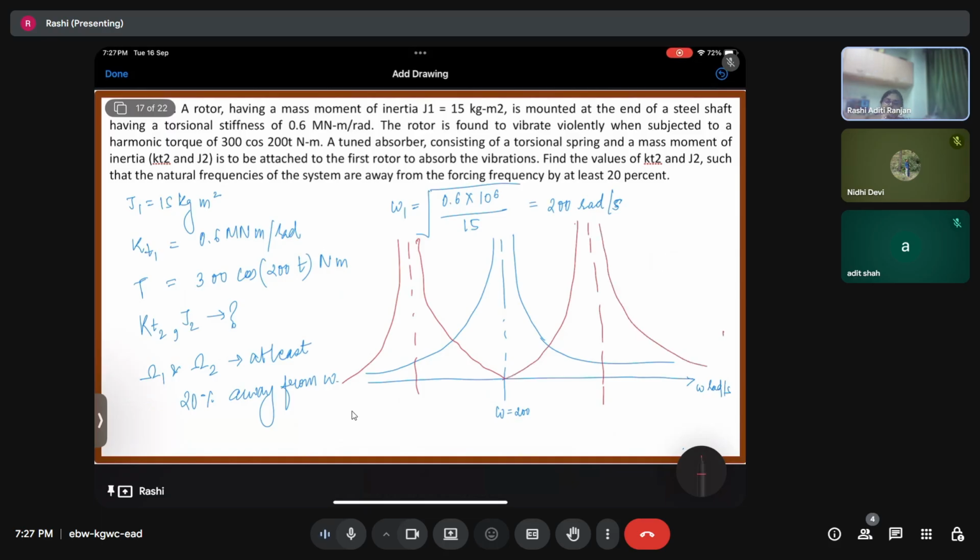Something like this, right? With omega 1 and omega 2, which should be at least 20% away.